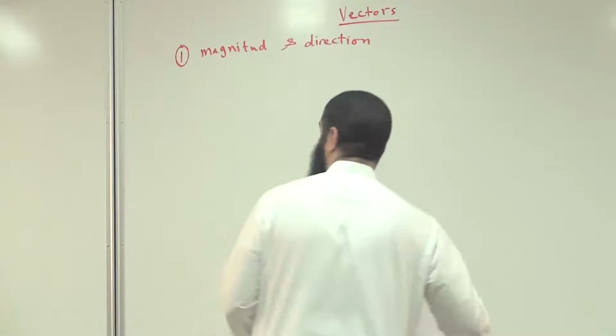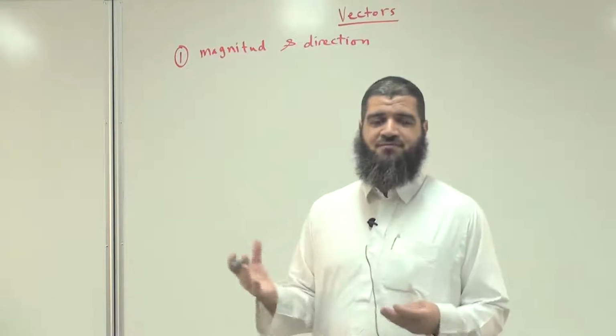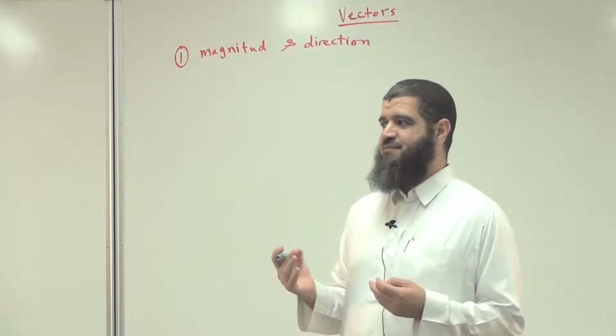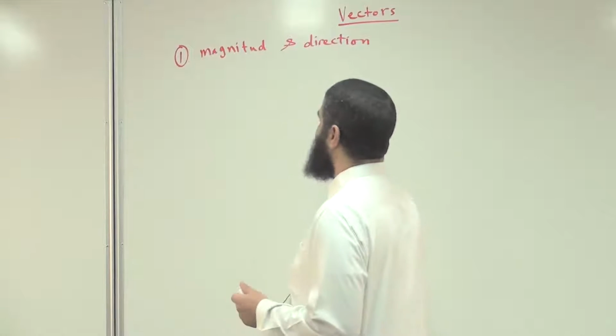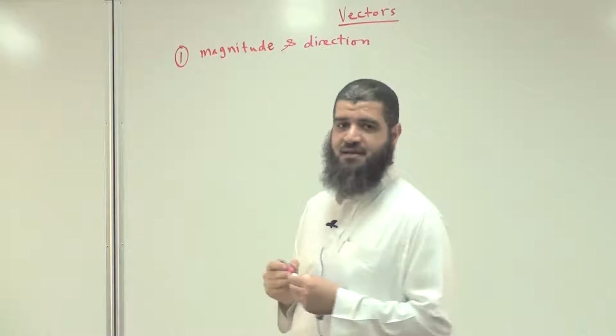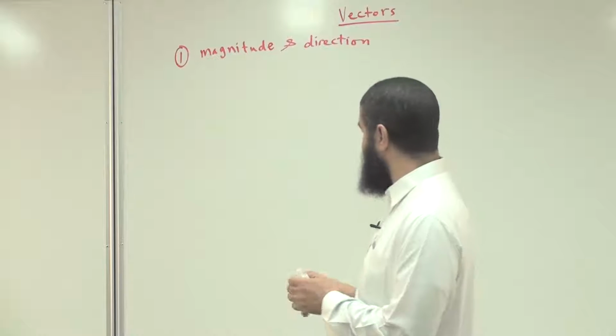Let me explain this more. If I tell you that a force vector has a magnitude of 5, and it makes an angle theta with respect to the positive x-axis, let me draw this.